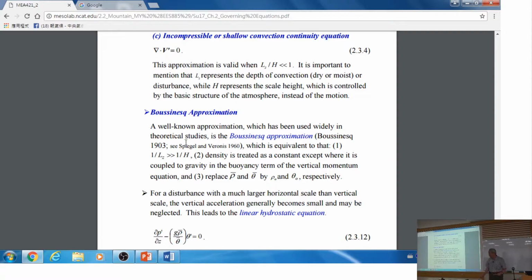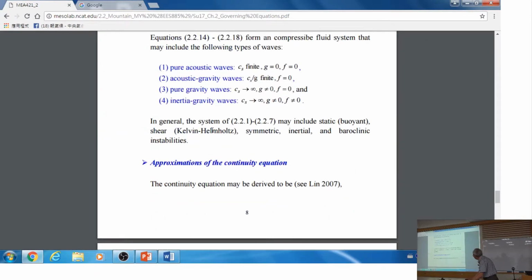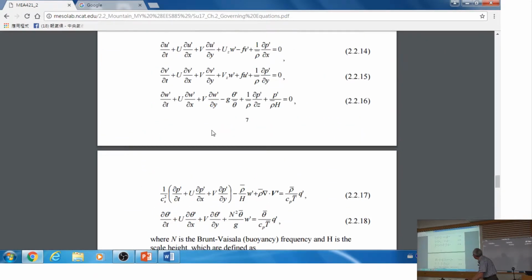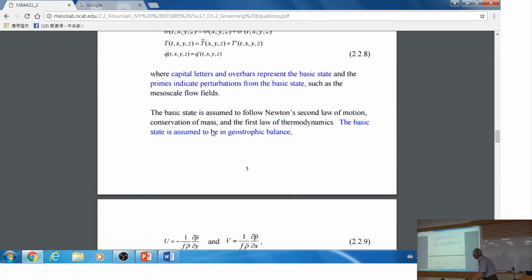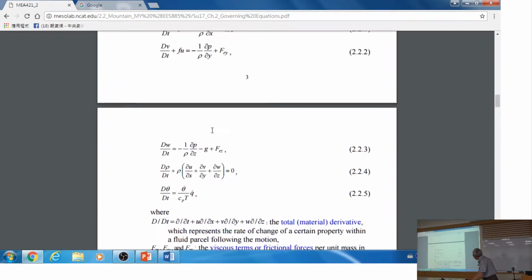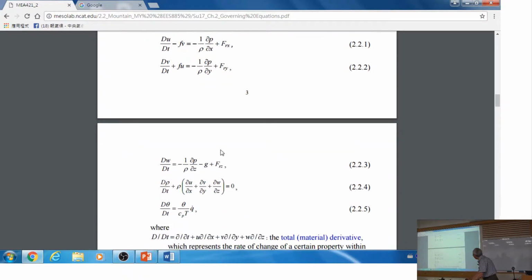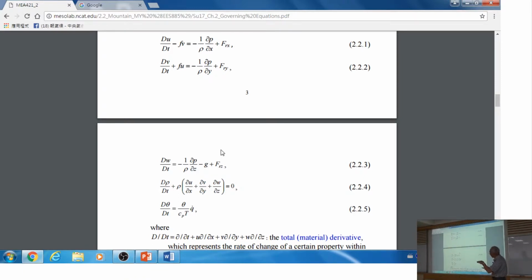What the Boussinesq approximation means, in a simple way, is that you probably need to go to books like my book or other textbooks to get more precise ideas of it.